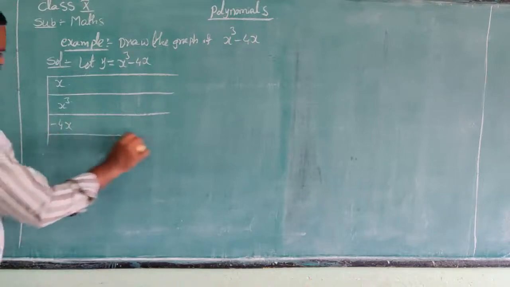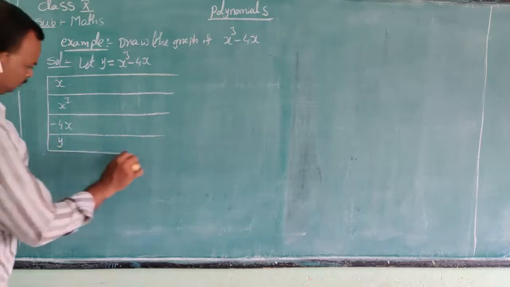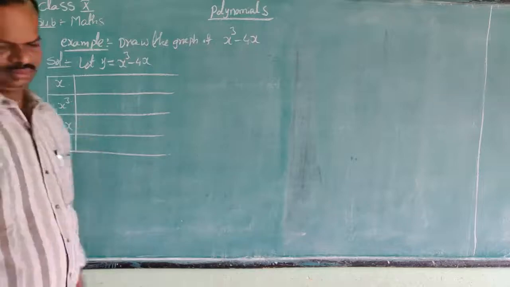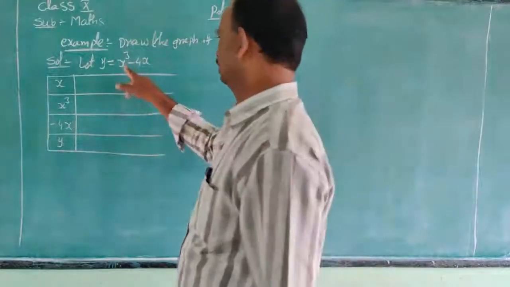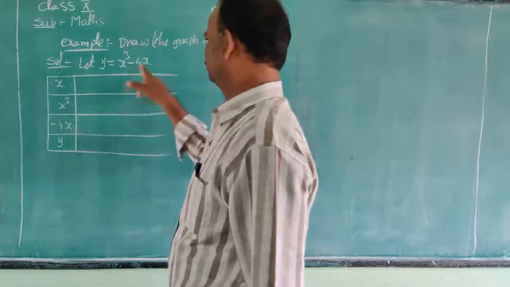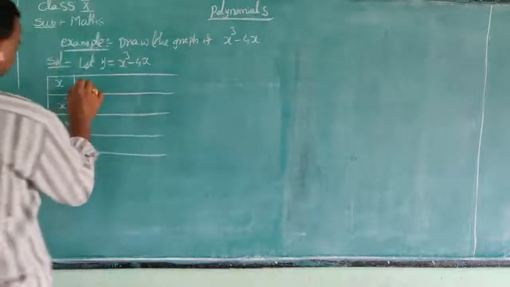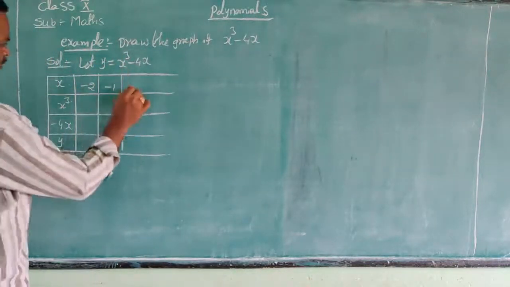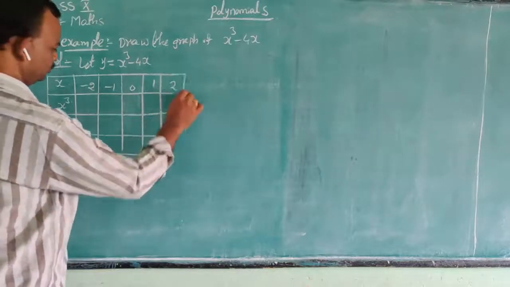x, x cube minus 4x, and y. I am taking the values minus 2, minus 1, 0, 1, 2.